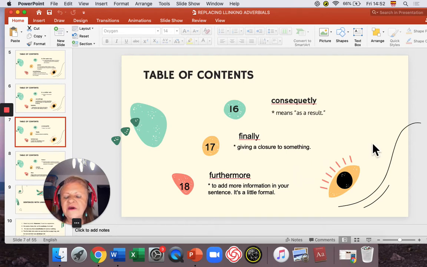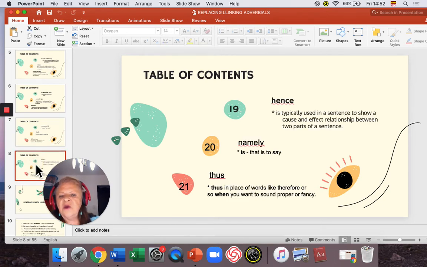Next one we have finally. That is to give a closure, an end to something. Okay? You are going to give like a final opinion. Then we have furthermore. Furthermore is to add more information in your sentence, and it is used in a formal way. Okay? Then we have hence.